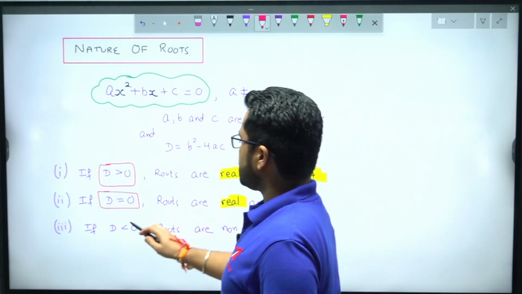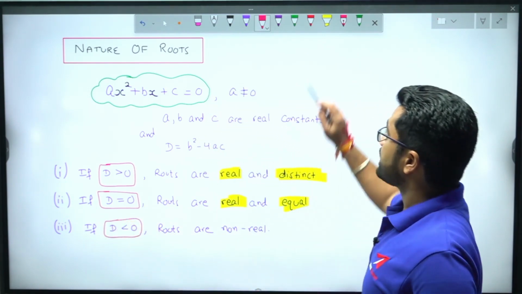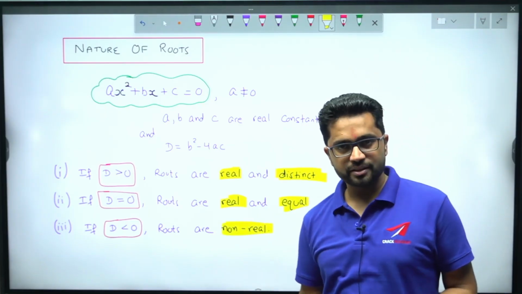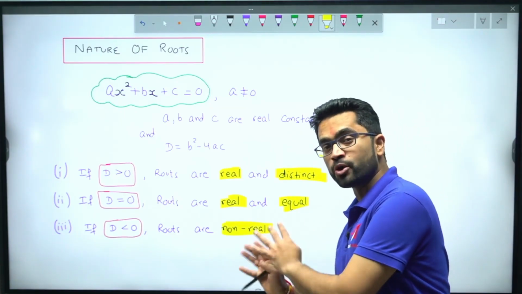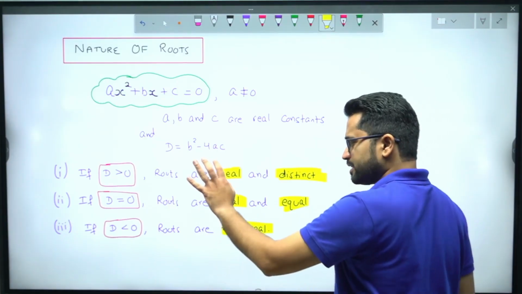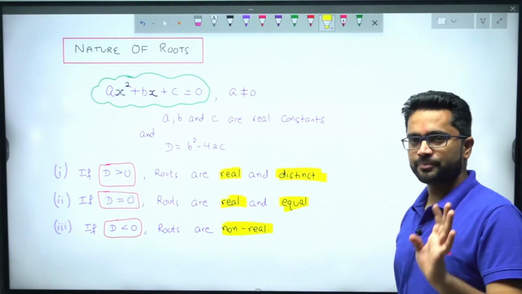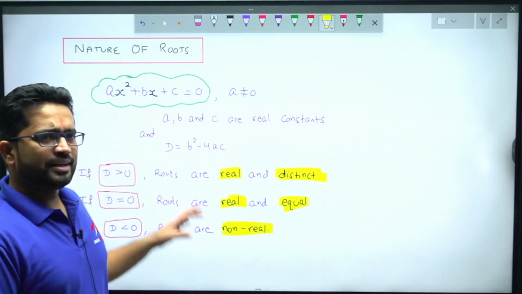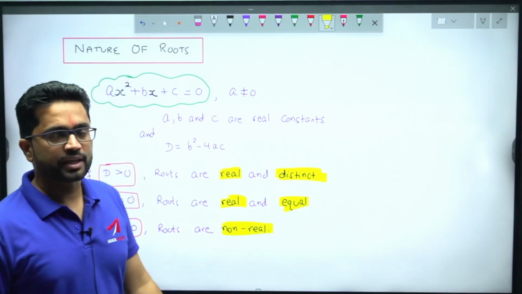And the next case, when the discriminant is negative, in that case the roots are labeled as non-real. We have a chapter in which we'll categorize these non-real roots in class 12. But at present we'll just simply say when D is negative, roots are said to be non-real. So these are the three varieties. We'll have some more also, but let's practice these three types of nature of roots in some questions.